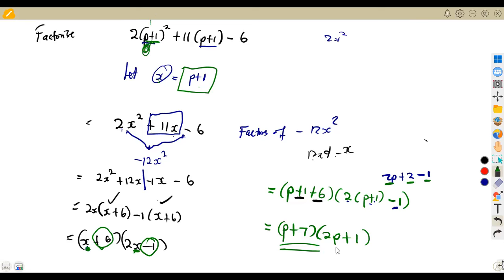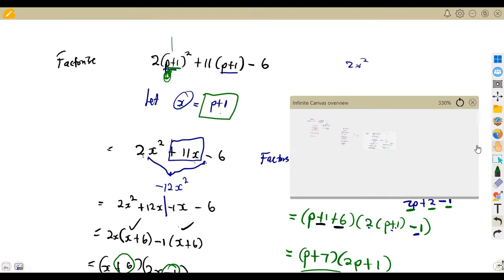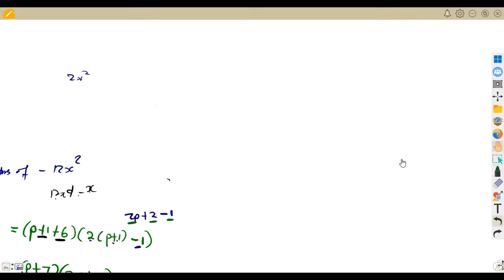So our answer must consist of p, not x. That is the major part that we need to understand: instead of the normal expression we used to have, they will interchange the expression another way, giving another expression that is the same thing. That is what we're supposed to expect.